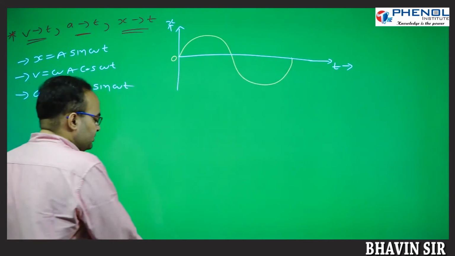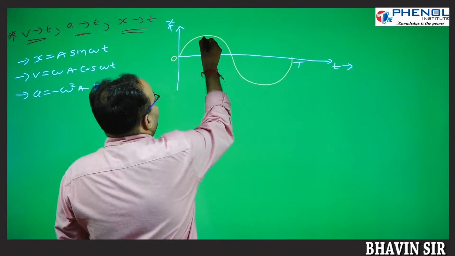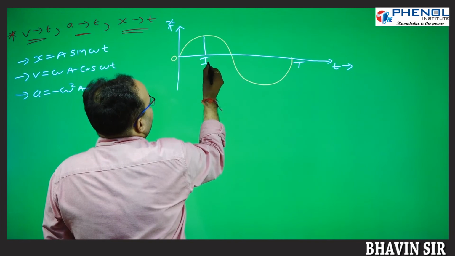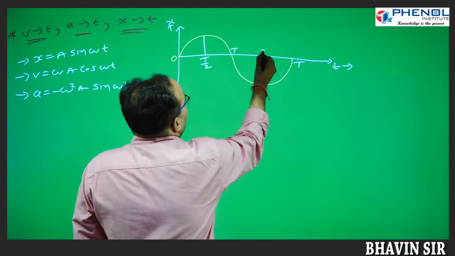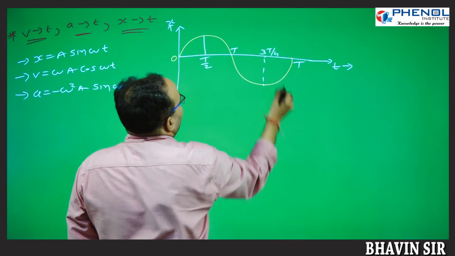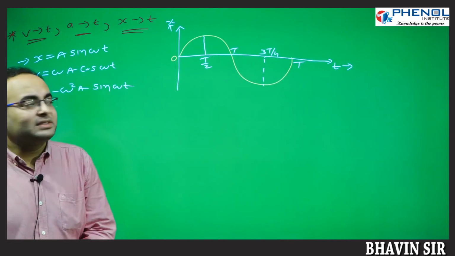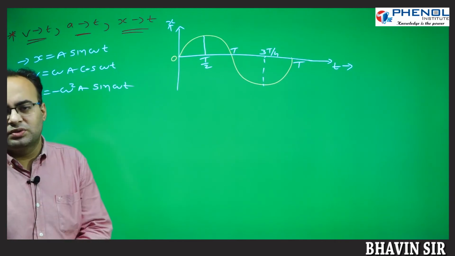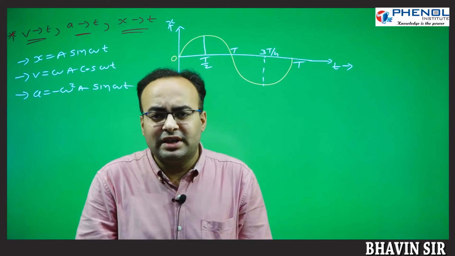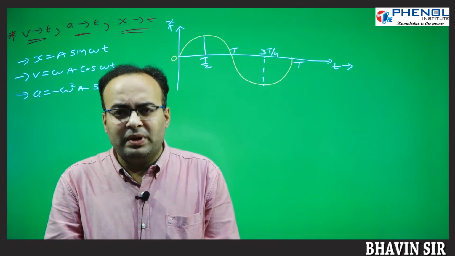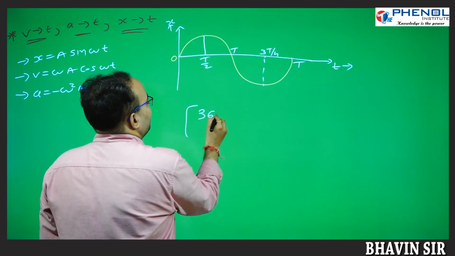Now see students, here one cycle is complete, so this is T, this is T by 2, this is T, then it is 3T by 4. Do you understand how T by 4 and T by 2 come? For one complete oscillation, the time is capital T, and the angle is 360.